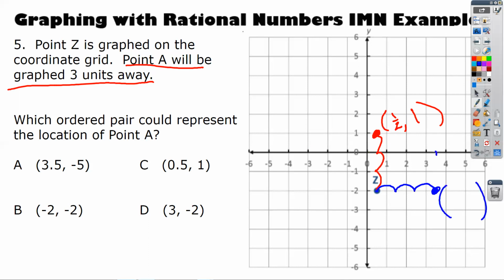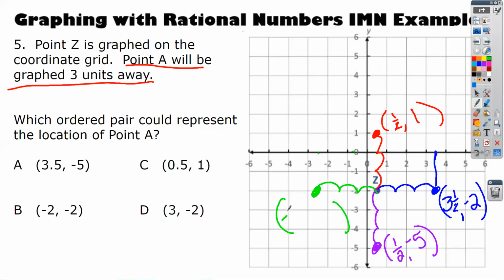And that coordinate would be at 3.5 to the right and 2 full jumps down. And then I can do the same thing here, 1, 2, 3. This one is at 1/2 to the right, -5 down. And again, it started in the half, 2, 3. That would be 2.5 to the left, so it's negative, and 2 down.